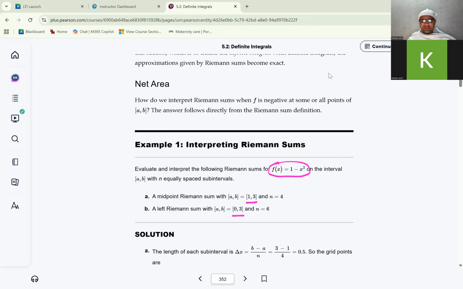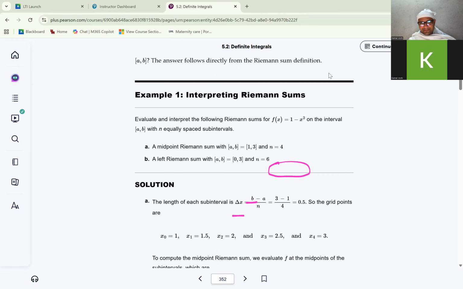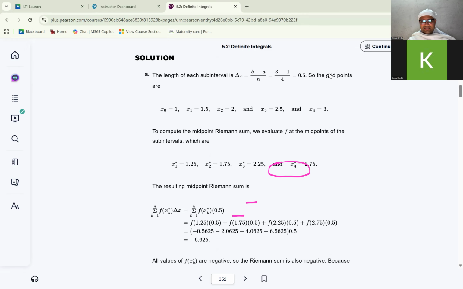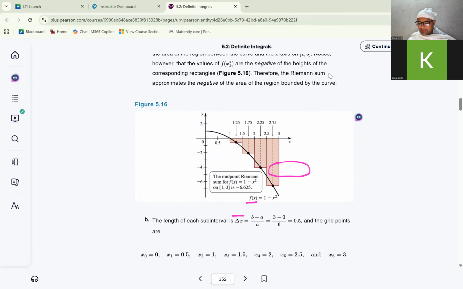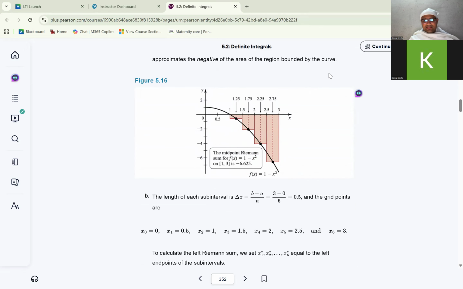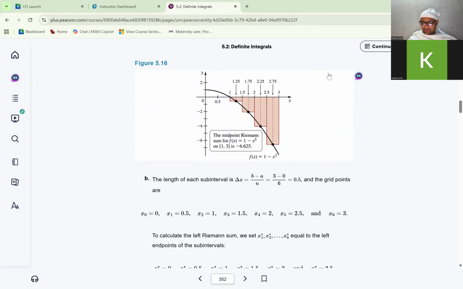The number of subintervals, we know we can vary that and make the approximation better. Now let us see what happens in the diagrams. The details you can read. If you want, you can pause the video and read the contents. Let me focus on the diagram. If I'm looking at the interval 1, 3, the graph here is f of x equals 1 minus x squared.